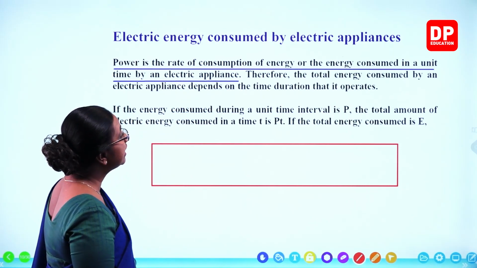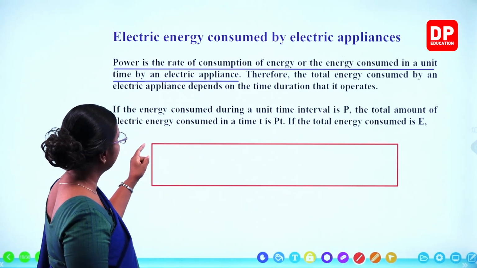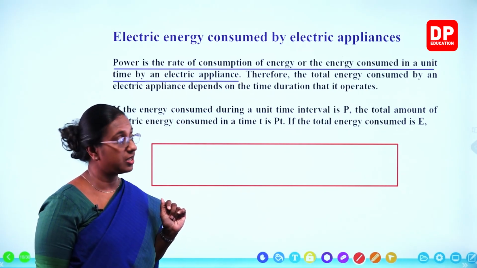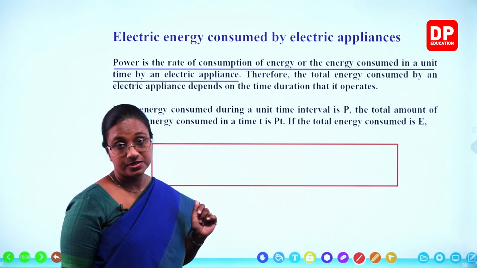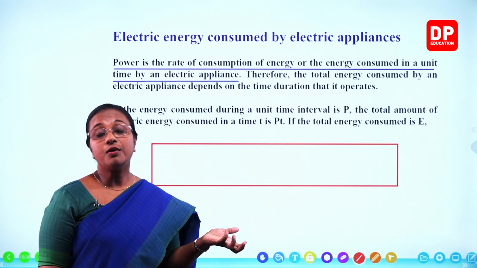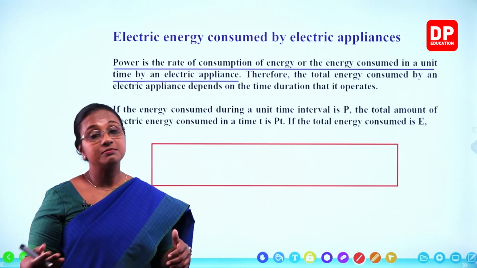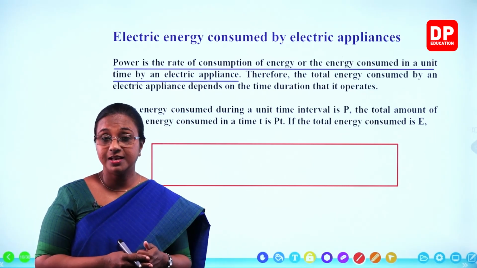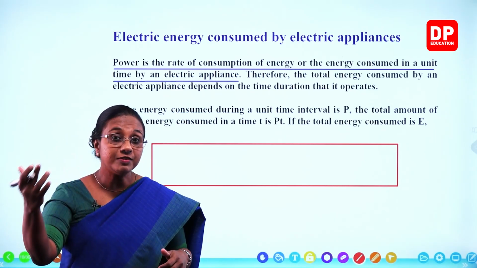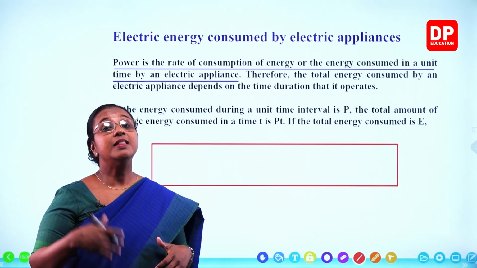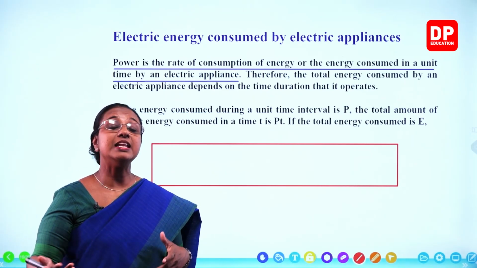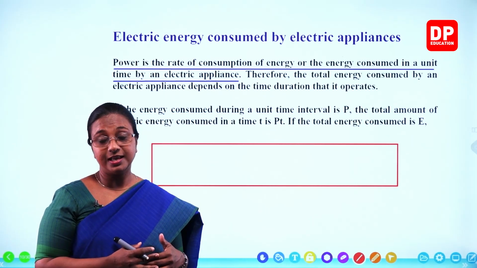Therefore, the total energy consumed by an electric appliance depends on the time duration that it operates. If it works for, say, 1 minute, a certain amount of electric energy is consumed. If it works for 1 hour, the time duration is more, so it will consume more electric energy.